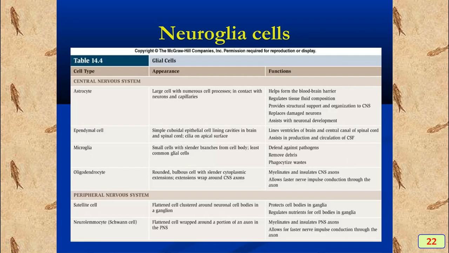These are all different types of cells with different functions. Just like the astrocytes, they always protect the neurons from damage and fluid components, etc.